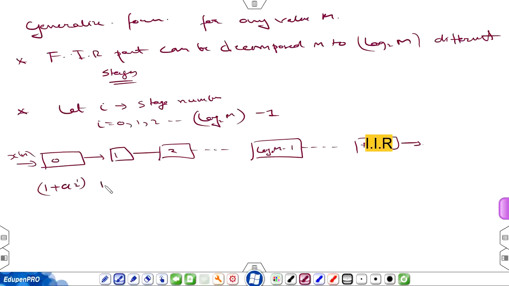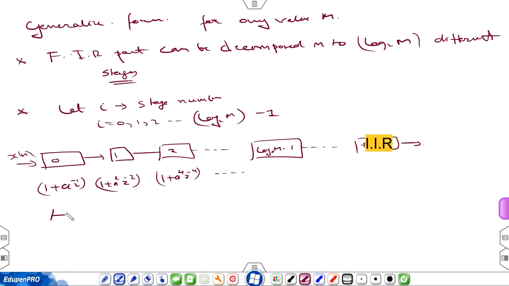Stage 1 will be 1 plus e square z minus 2. Second stage will be 1 plus e raised to power 4 z raised to minus 4, likewise. So the power will increase by a factor of 2. E raised to power 1 z raised to minus 1, e raised to power 2 z raised to minus 2, e raised to power 4 z raised to minus 4, likewise.